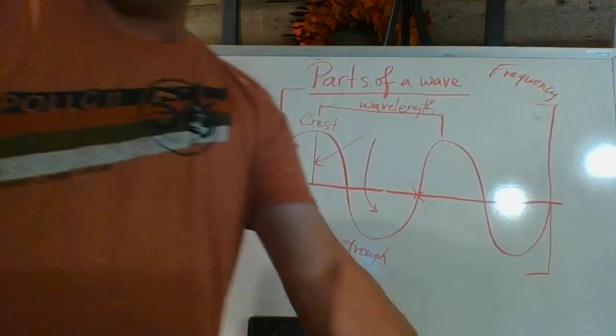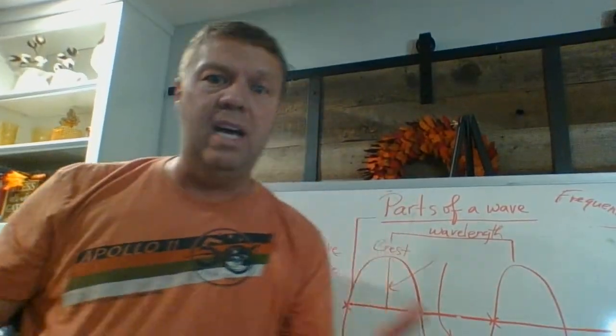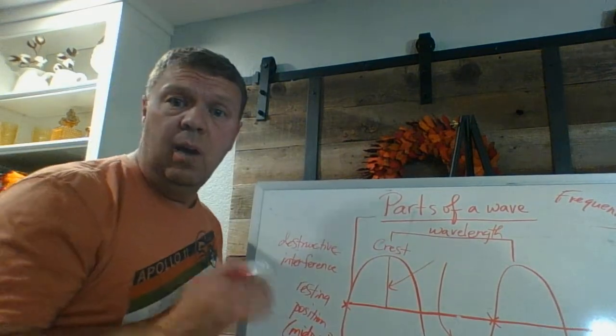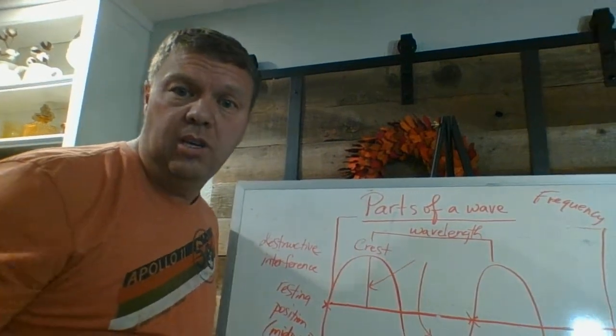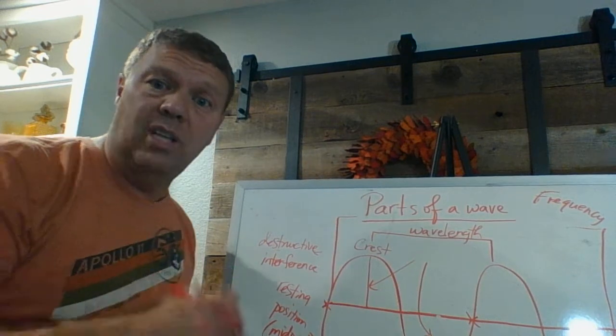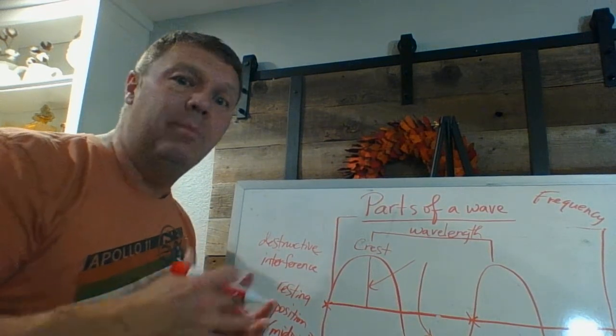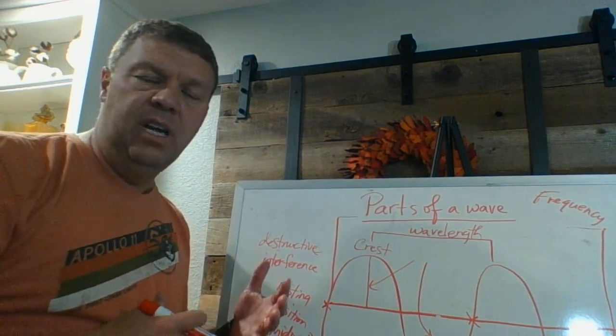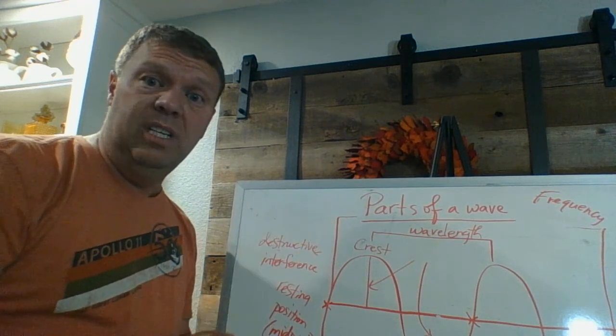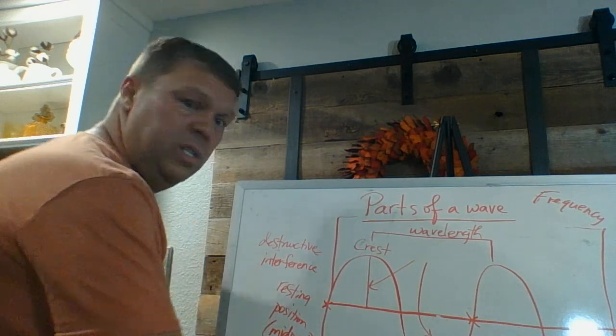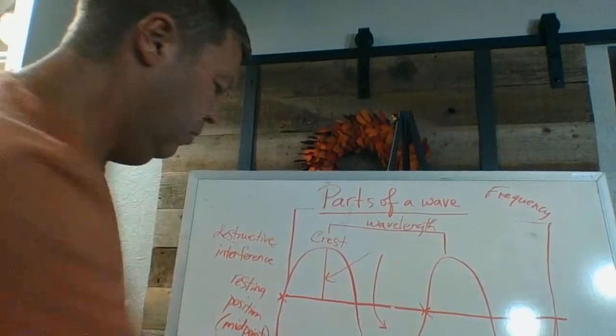Now, there's all kinds of applications. Some of you guys are in choir. Okay? And when you sing in choir, what you're trying to do is get waves to lay on top of themselves. And what I mean by that is, if you're singing in a section and you're singing a certain note, when the person next to you sings the same note, what's going to happen? Let me show you on the board. I'm going to do a little erasing here for a minute.